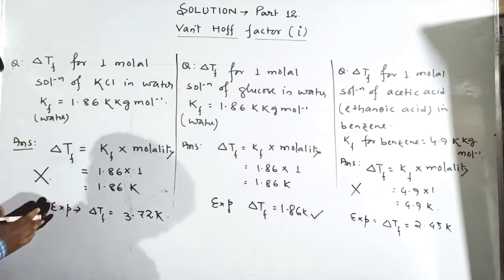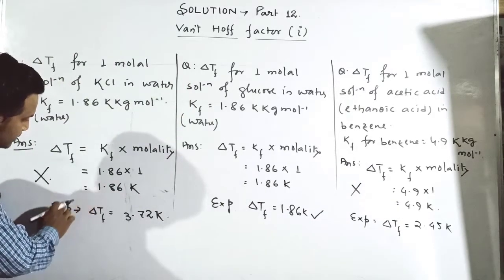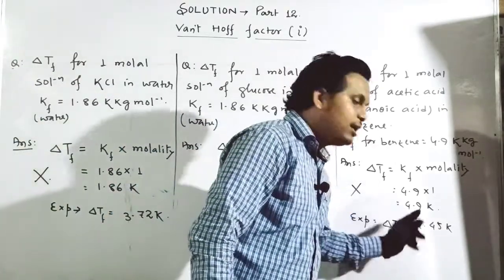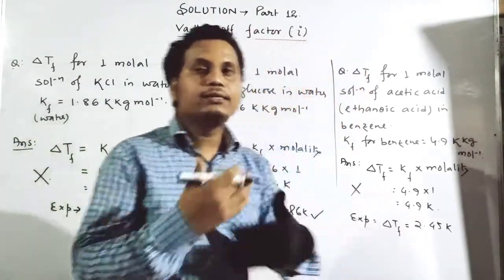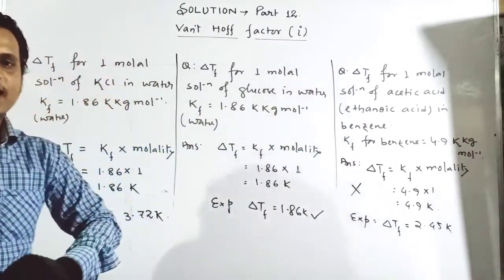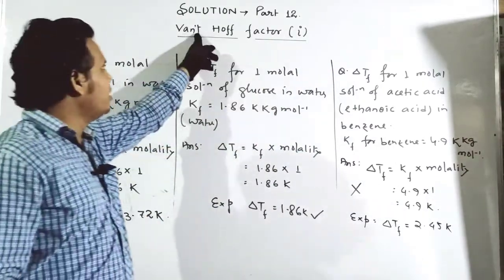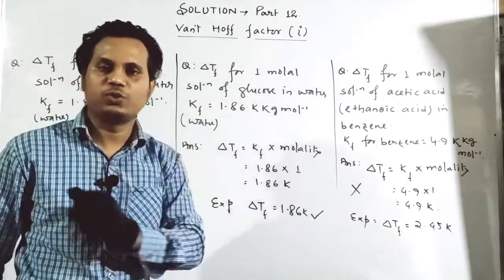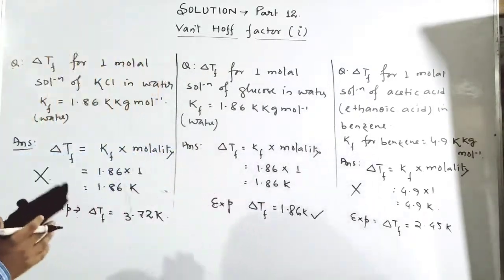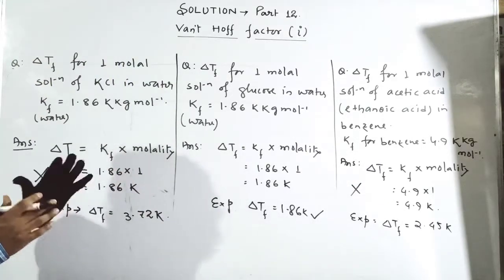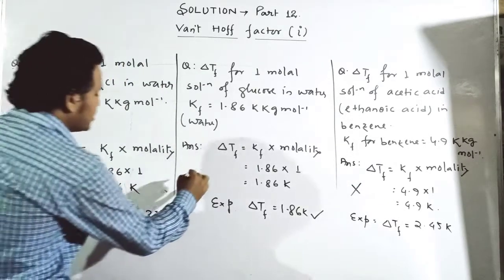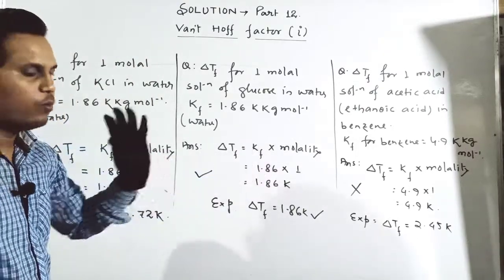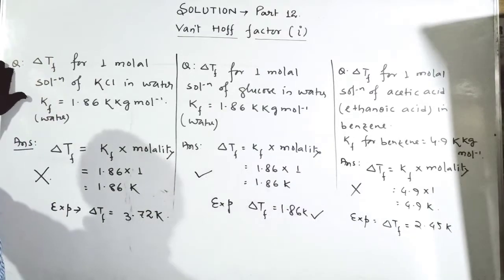If we see carefully, the answer here is nearly double, and for this the answer is nearly half. Why the answer is doubled or halved will be explained by the van't Hoff factor i. For this purpose it is used. So this is right, this one is wrong, that one is also wrong. What will be the right answer, that we will discuss now.